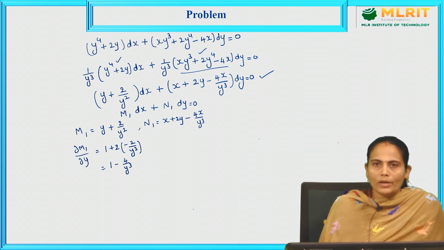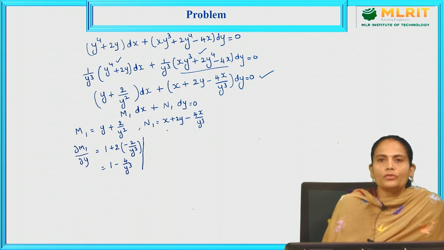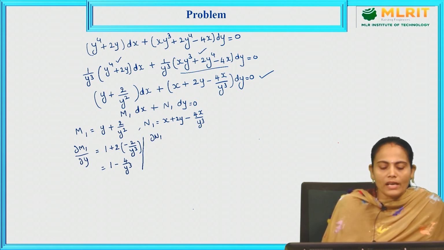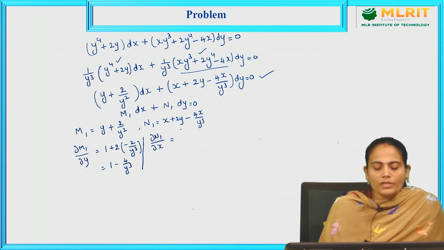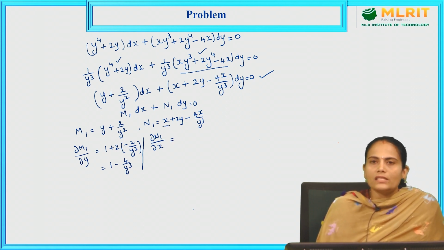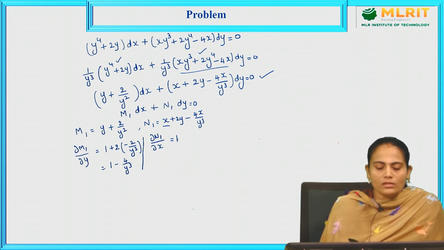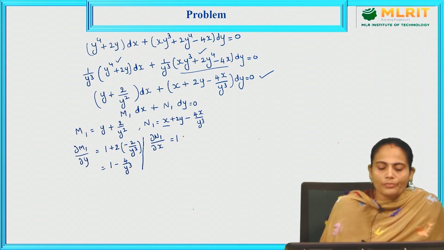by ∂y. And now we have to find the derivative of N1 with respect to x partially. So with respect to x, the x derivative is 1, we know that, right? The derivative of 2y is 0 since it is a constant, right? So 1 minus 4 by y cube into the derivative of x, which is 1.